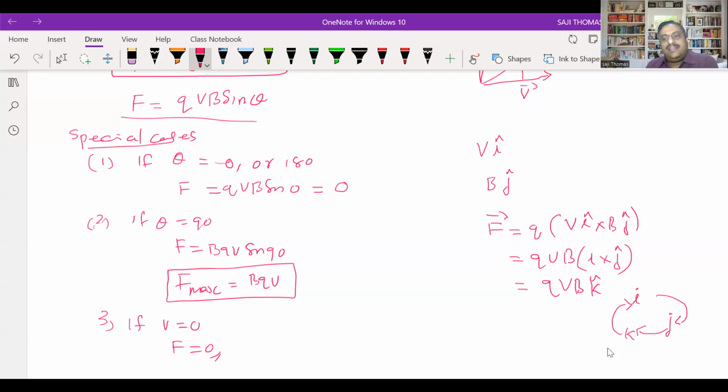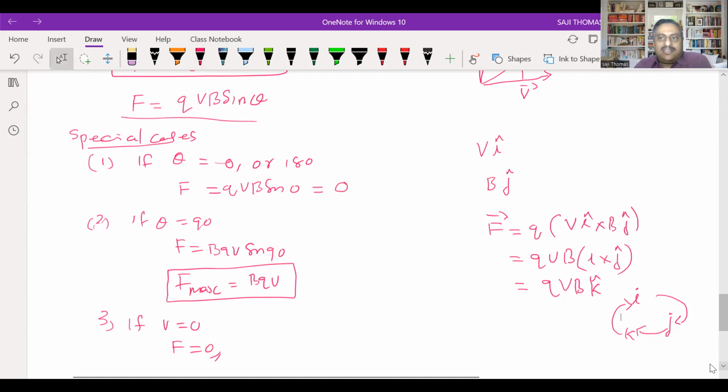If it is not coming in order, i cross k will be minus j. k cross j will be minus i. j cross i will be minus k. In this way, we can find out the direction of the magnetic force.